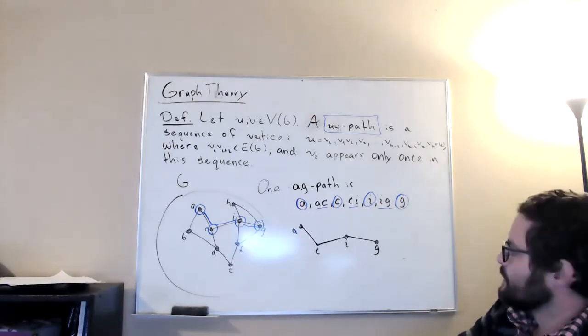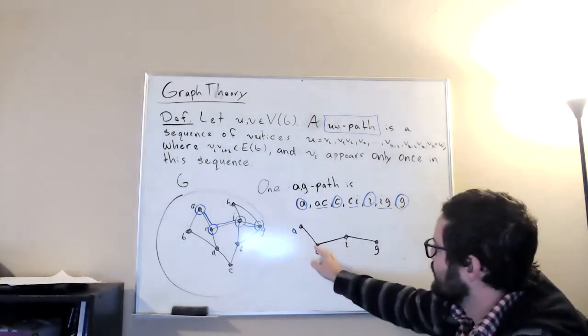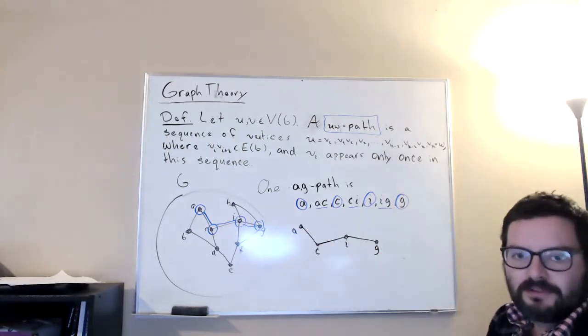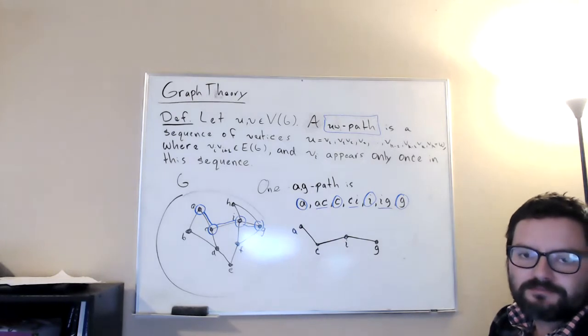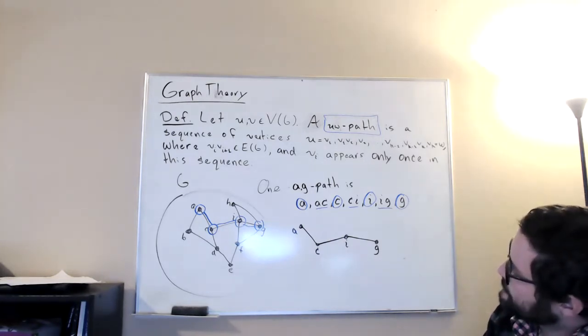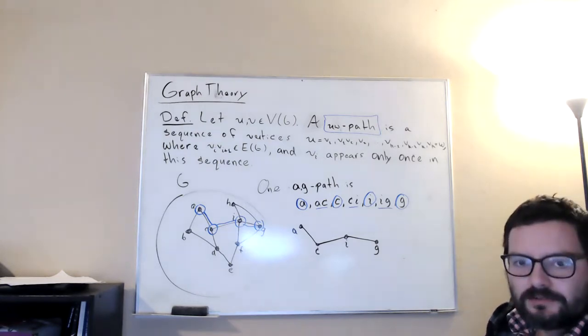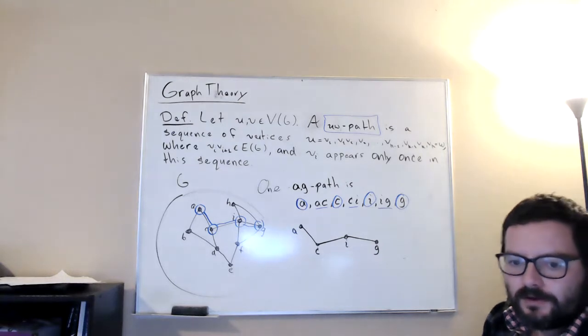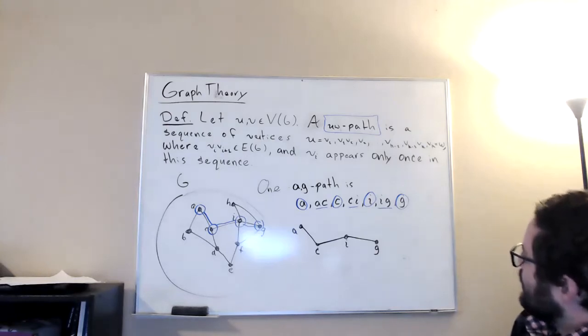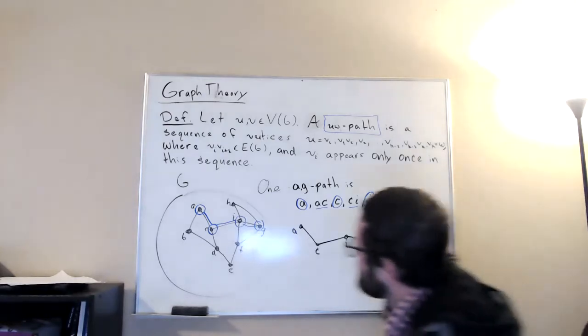So here, we have a vertex, edge, vertex, edge, vertex, edge that gets you from A to G. That's an AG path. Okay? So, is that definition clear? Yes. Okay. So we got some yeses here. All right.